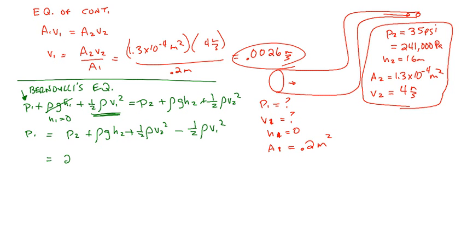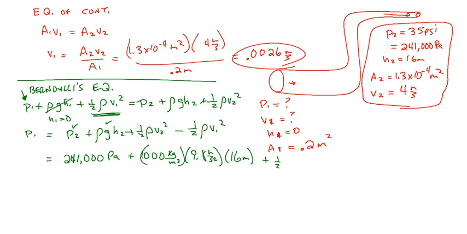Pressure 2 was the 241,000 Pascal. Here's plus 1,000 kilograms per cubic meter, density of water, times g, 9.8 meters per second squared. The height at the top was 16 meters. That takes care of this. So I've done the first term, done the second term. Moving on to the third, 1/2 times 1,000 kilograms per cubic meter.